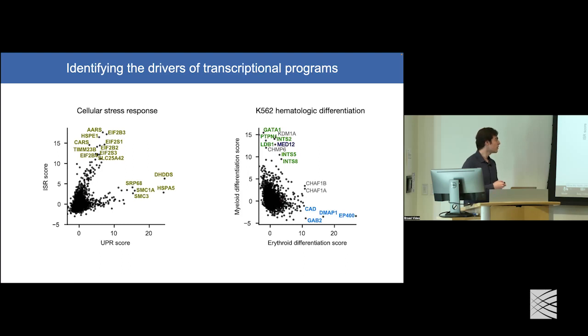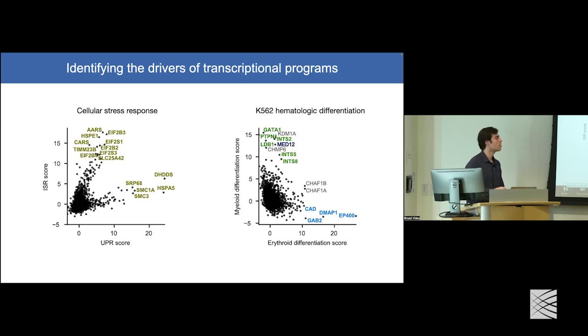And so, one cool feature of this analysis for us, since our lab often works in cellular stress responses, is we could, in a completely data-driven way, re-identify the distinct unfolded protein responses and the integrated stress responses, and find the drivers of the UPR and the ISR. So, for example, we found that this gene HSPA5, which is really essential for protein folding in the ER, strongly activates the UPR, whereas this gene HSPE1, which is a mitochondrial chaperone, when knocked down, strongly activates the integrated stress response.